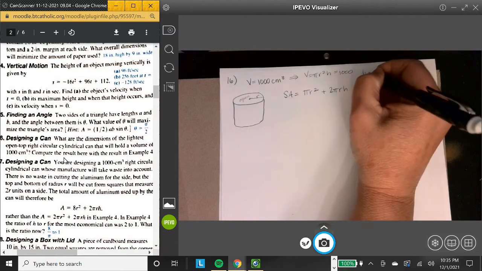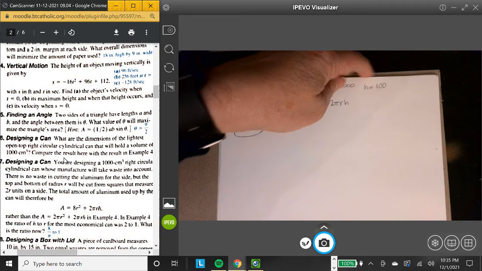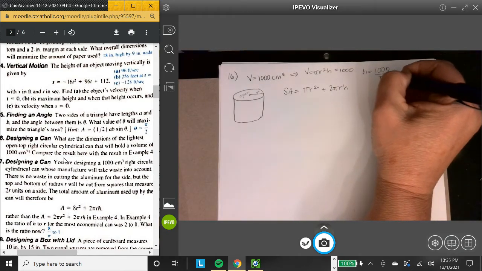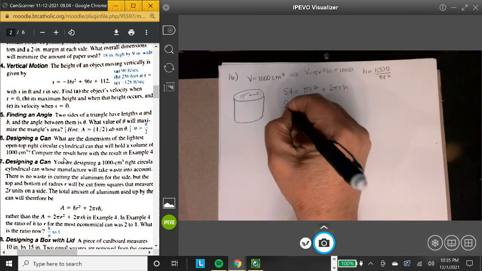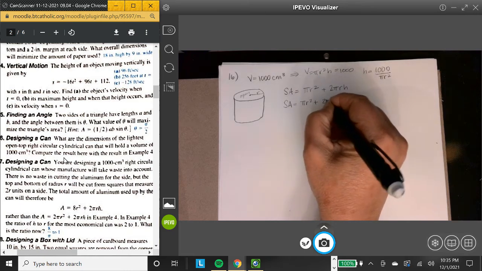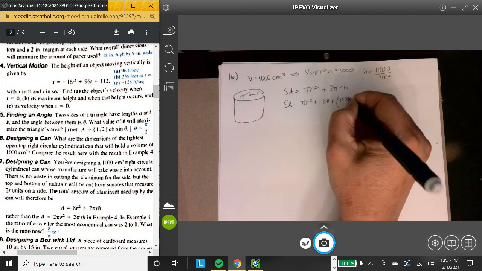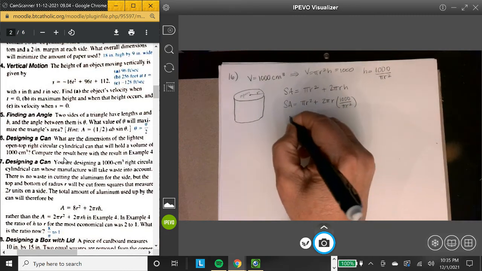So h is going to equal 1,000 over pi r squared. And I'm going to take this information and substitute it in for h. So we're going to get surface area equals pi r squared plus 2 pi r times h, which is 1,000 over pi r squared. So let's reduce it.